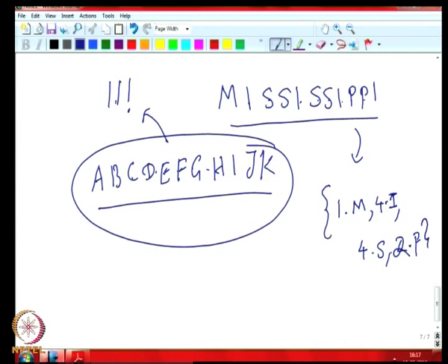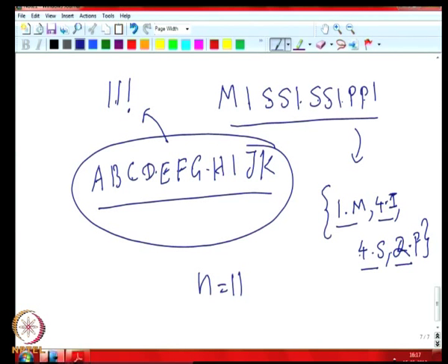This is the multiset: 1 M, 4 I, 4 S, 2 P, and that is it. Total 4 plus 4 plus 2 plus 1, 11. So, the cardinality of the multiset N is equal to 11.